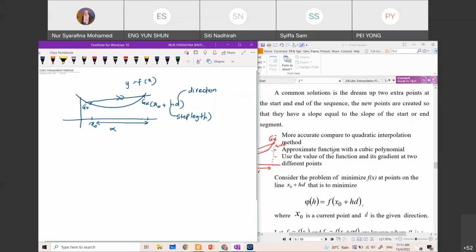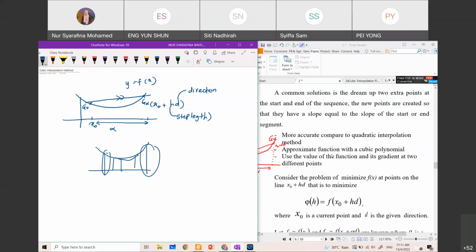Okay, it is more accurate compared to quadratic, because in quadratic, what we have done is we just choose any 4 points and then discard the highest point, and then again choose 3 here, and then we can have any 4 points, discard the highest point, and then choose again and again.